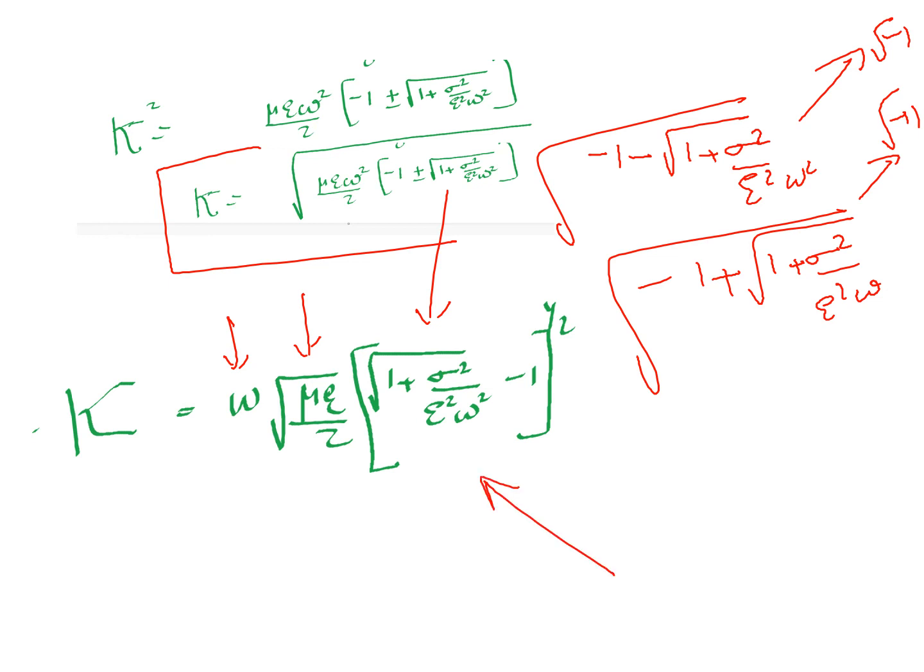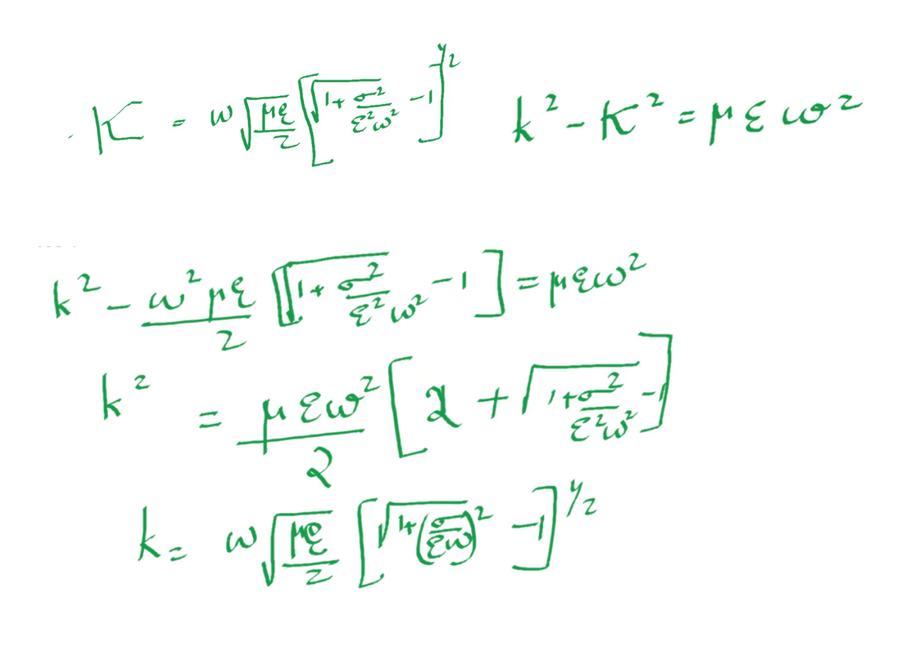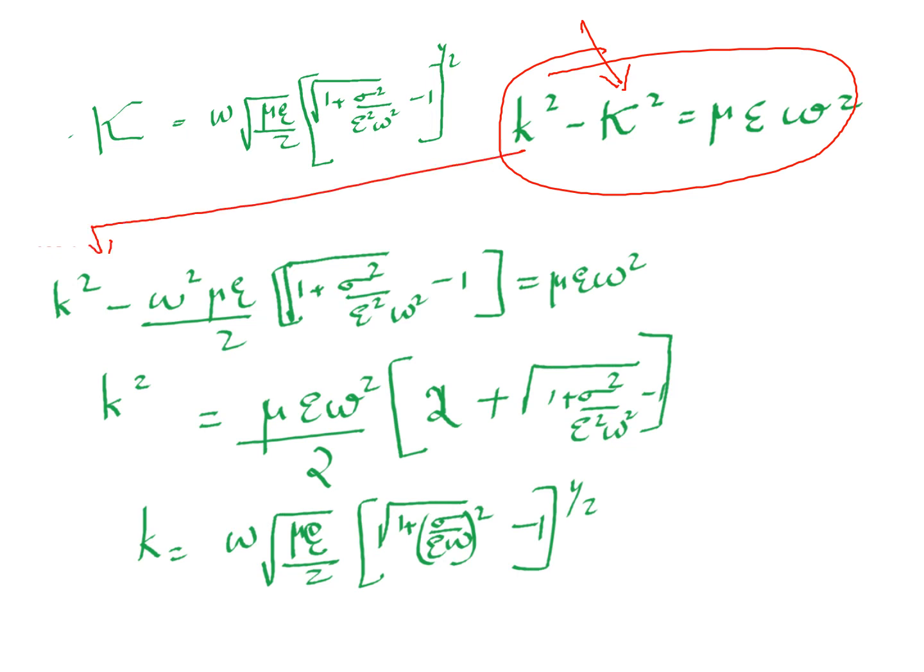Our next aim is to find the value of k. So again we are taking this equation, that is k square minus kappa square equal to mu epsilon omega square. In that we are going to substitute kappa square. So when you substitute kappa square, the equation becomes k square minus omega square mu epsilon by 2 root of 1 plus sigma square by epsilon square omega square minus 1 equal to, on the other side, mu epsilon omega square.